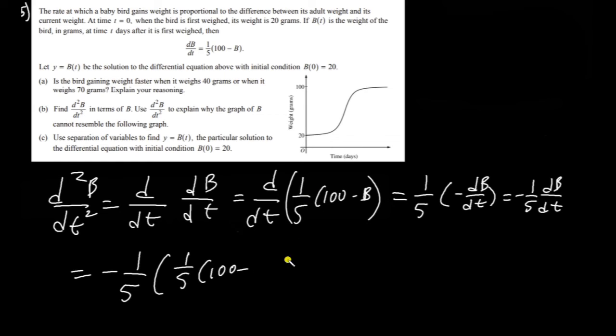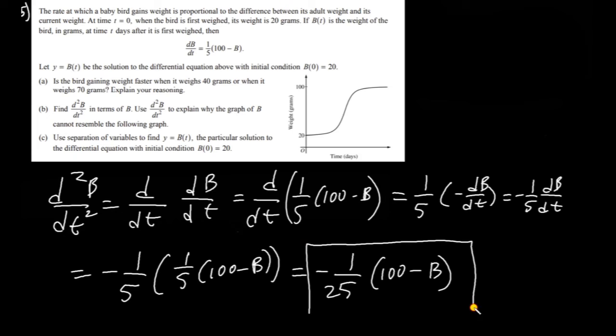The negative 1/5 comes from here, and the 1/5 times (100 minus B) comes from plugging in dB/dt. Simplifying gets us negative 1/25 times (100 minus B). So that's our final d squared B/dt squared, the second derivative.